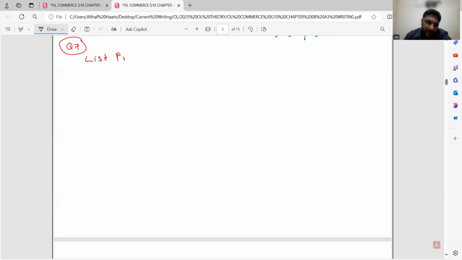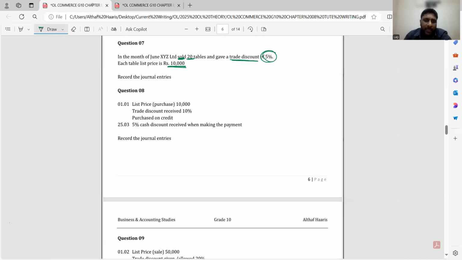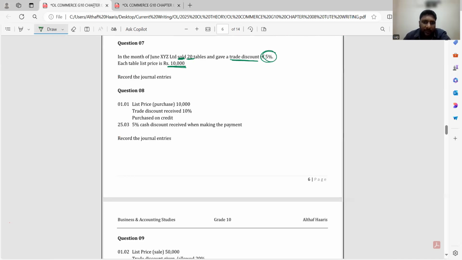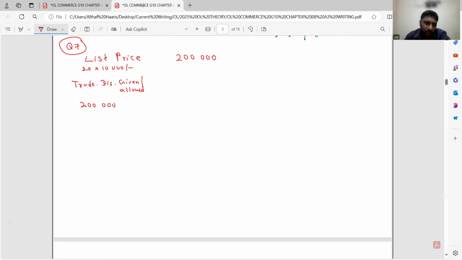List price: 20 tables, each 10,000, 20 into 10,000, so 200,000. Trade discount given or allowed, both are the same. 200,000, how many percent? 5%.